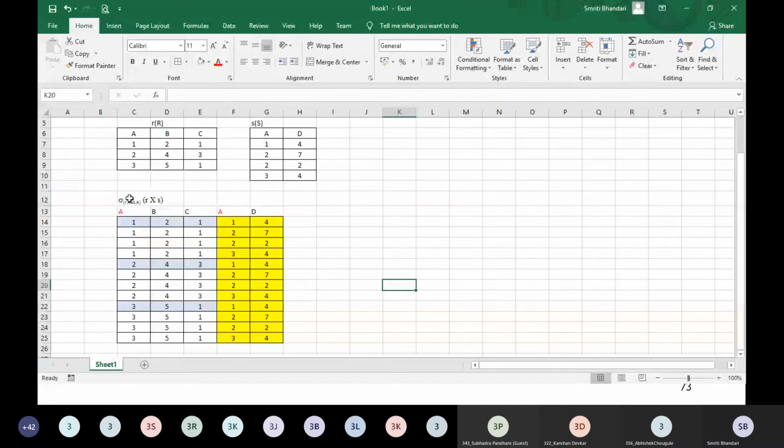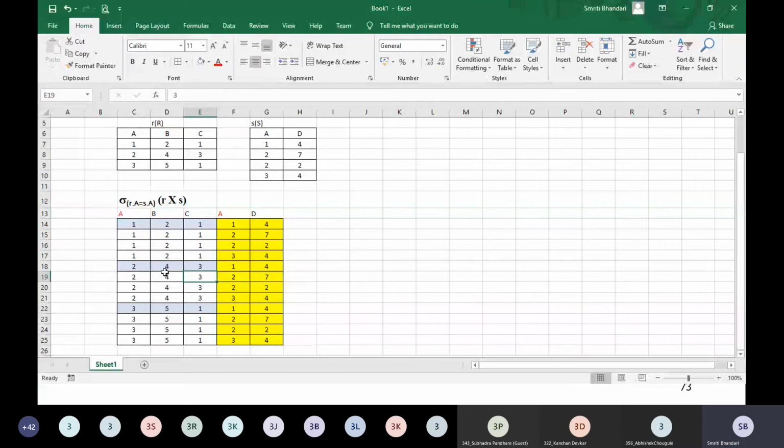Okay. So next, we are going to apply the predicate. A is the common attribute in both. So we are going to match now the values. If we look at this first tuple in R cross S, whether R dot A equal to S dot A, yes, that is true.